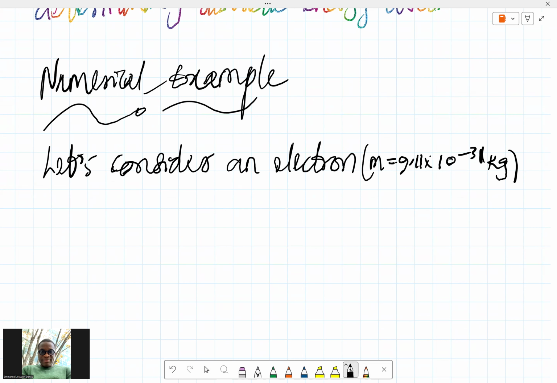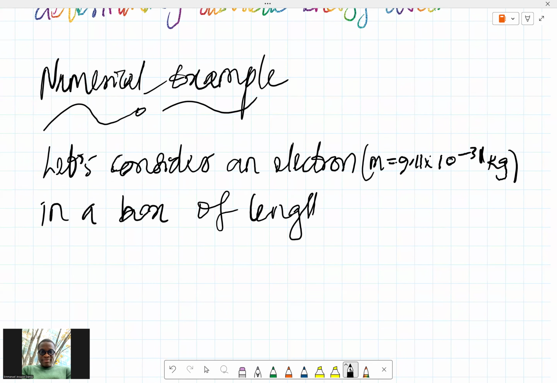In a box of length L equals 1 nanometer, that's 1 times 10 raised to power minus 9 meter, like that.